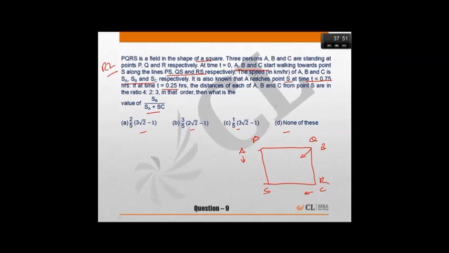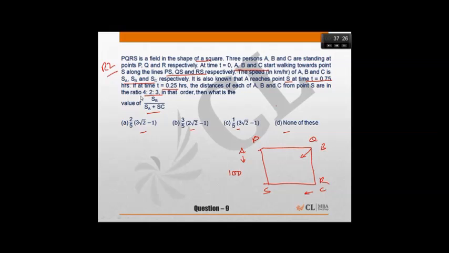It is also known that A reaches S at time t equal to 0.75 hours. So if I assume this to be, let's say 10, the ratio of speeds is 4:2:3.